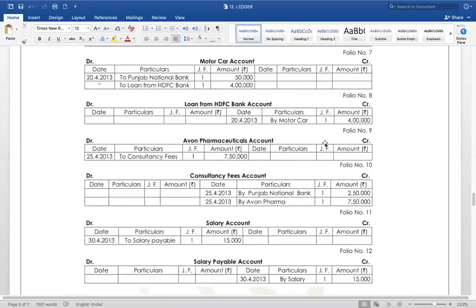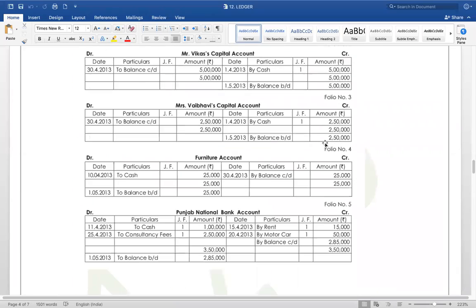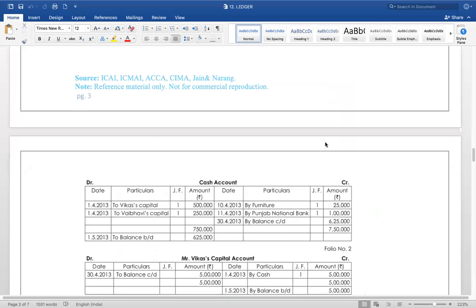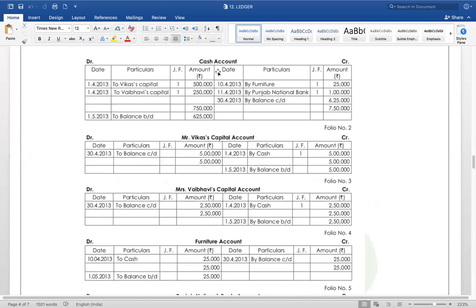Let's come here back. Okay, for your understanding. Look at this. What is cash? Cash is a real account because it's an asset related account. Look at this. This is closing balance on 30th of April, and this is carried forward to the next accounting period. On the first day of May, you're writing 6,25,000 as to balance brought down.